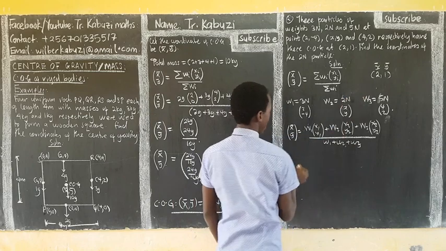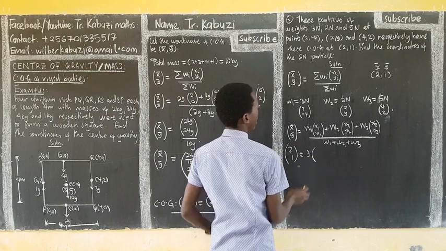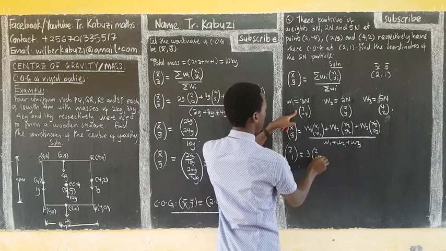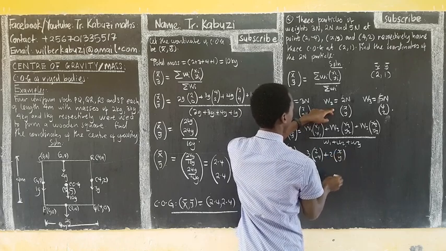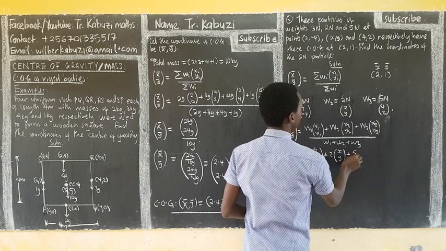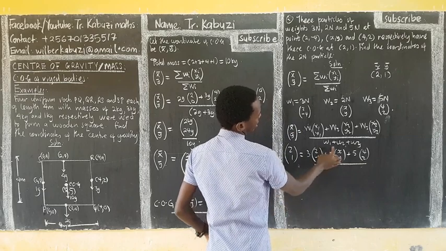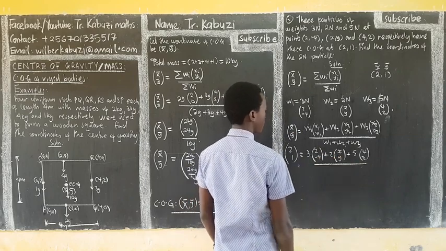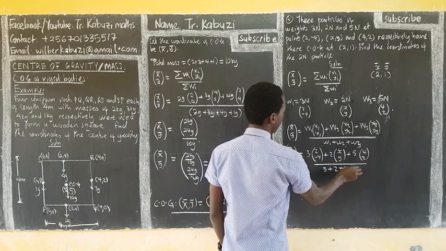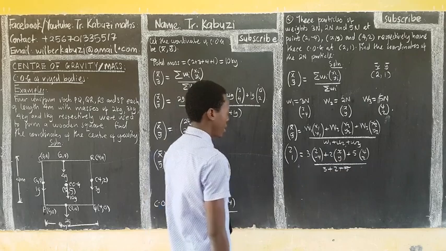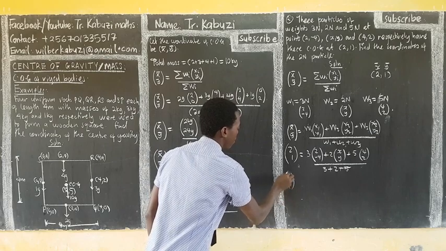So we have these ones as 2, 1, equaling this 3 into the coordinate 2, -4. Then plus this 2, the coordinates, they are the ones we are looking for. Plus 5, 4, 2 over the total weights. Add these ones: 3 plus 2 plus 5. Simple. So you see that you can easily simplify at once.